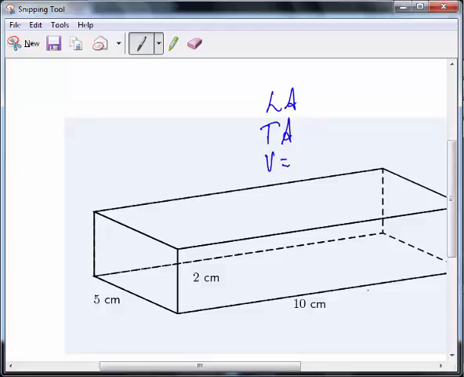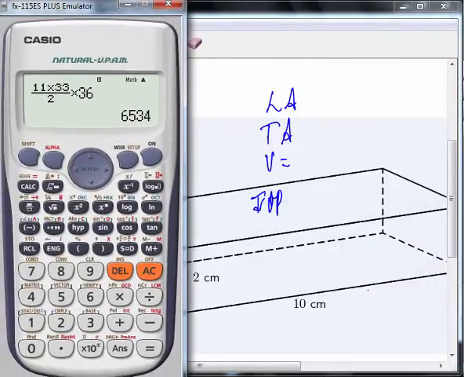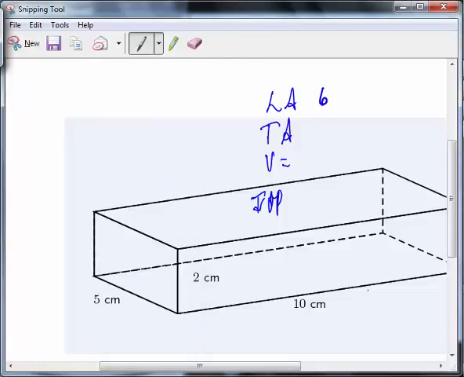In this case, this is the top and the bottom. So the lateral area will be the 5 by 2, but there's 2 of them, plus the front 10 by 2, but there's 2 of them, and so the lateral area is 60.